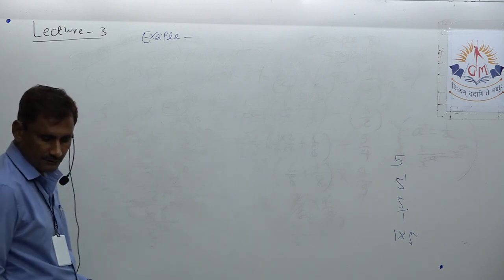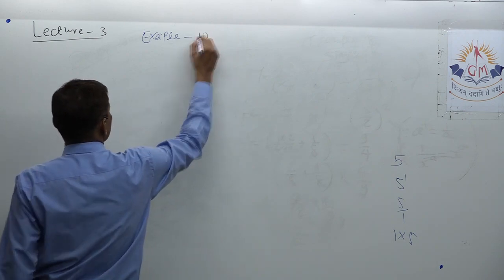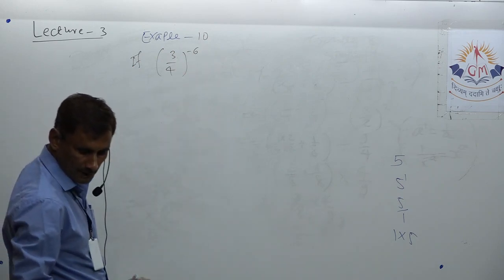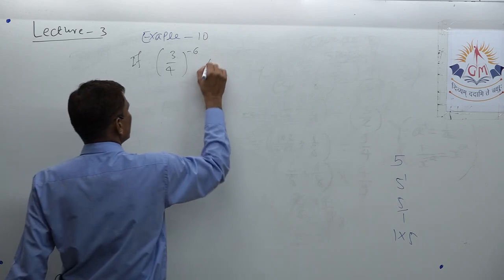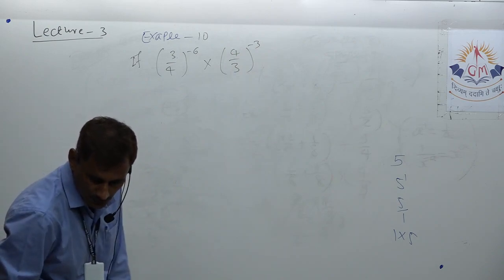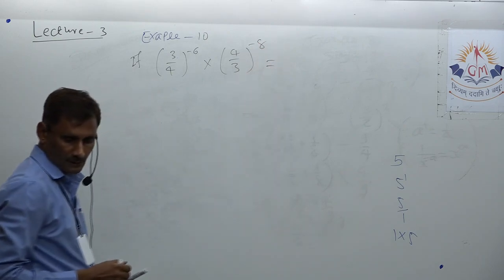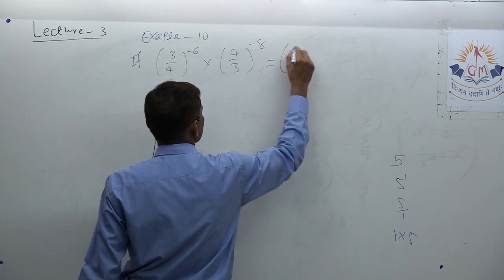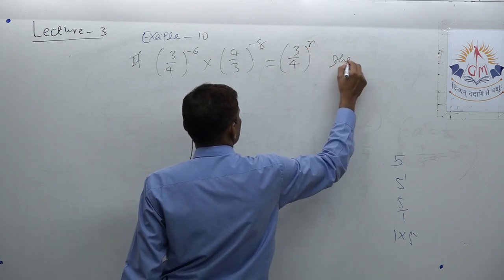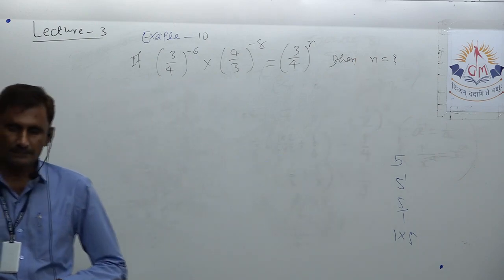Okay, now it is given if 3 by 4 raised to minus 6 multiply 4 by 3 raised to minus 3, sorry minus 8 equal to 3 by 4 raised to n, then n equal to question mark. Okay, so we have to find n.